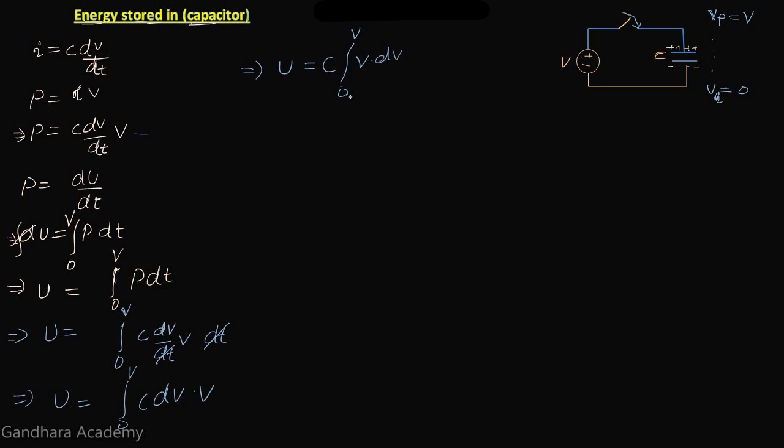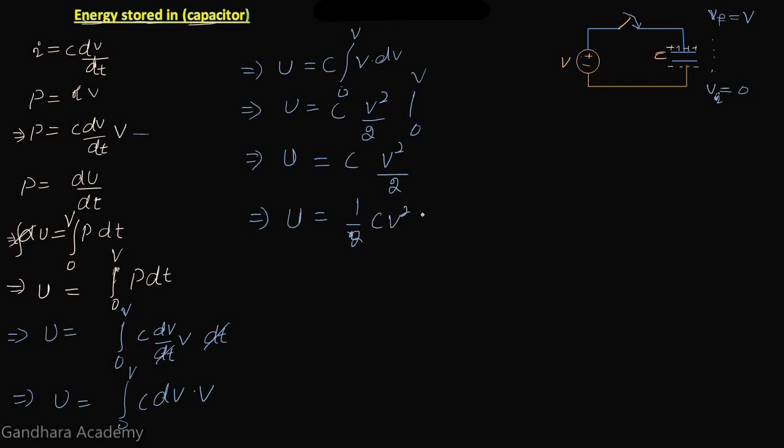Now by applying the integration, we get C V square divided by 2, with the limits from 0 to V. Now applying the limits, we get V square divided by 2. So the energy stored by a capacitor is equal to 1 over 2 CV square. This equation represents the amount of energy which is stored by a capacitor.